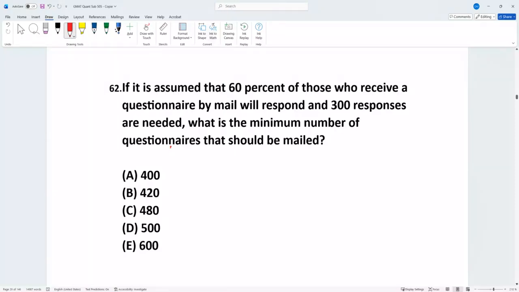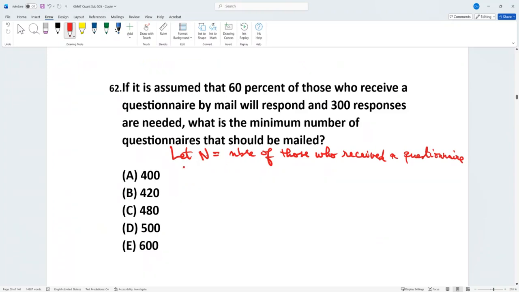So from the prompt, we can say let n be equal to the number of those who received the questionnaire. It's like this, okay? And then it says that 60% of those who receive the questionnaire will respond.